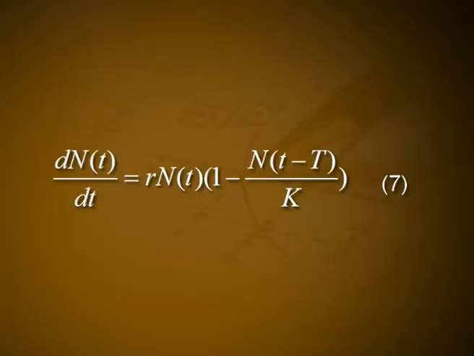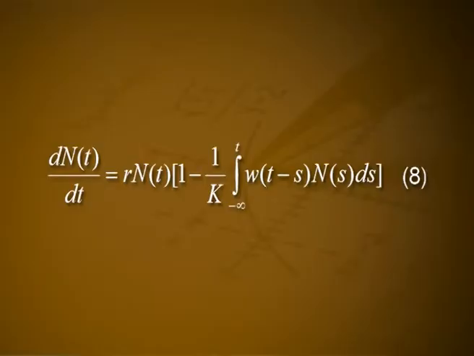Thus, a more accurate model than equation 7 is, for example, the convolution type dN(t)/dt equal to r into N(t) into 1 minus 1 by k integral from minus infinity to t of W(t minus s) N(s) ds, where W(t) is a weighting factor which says how much emphasis should be given to the size of the population at earlier times to determine the present effect on resource availability.